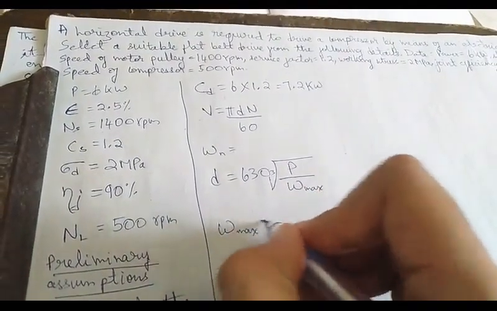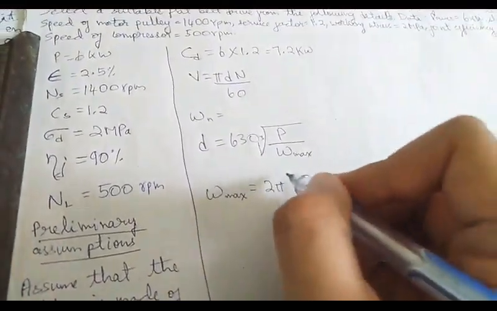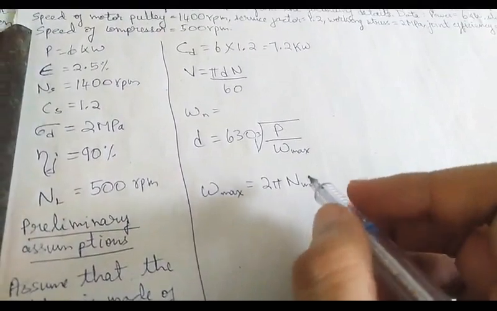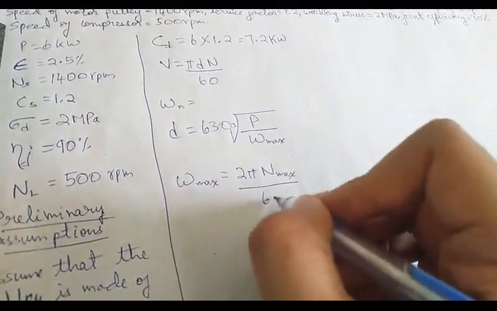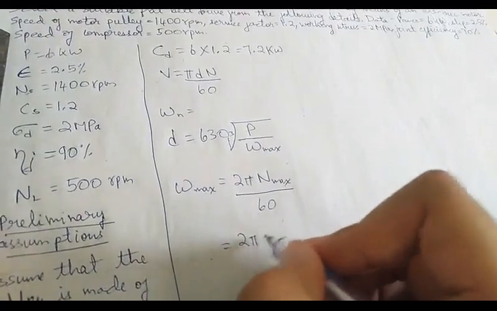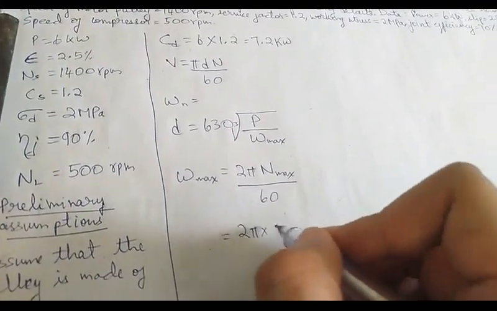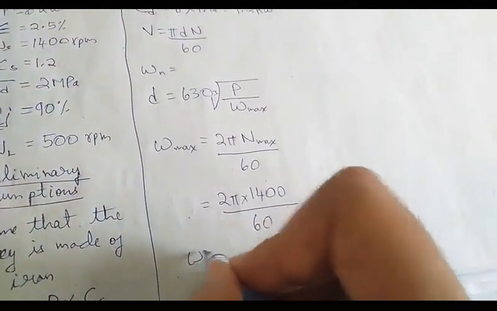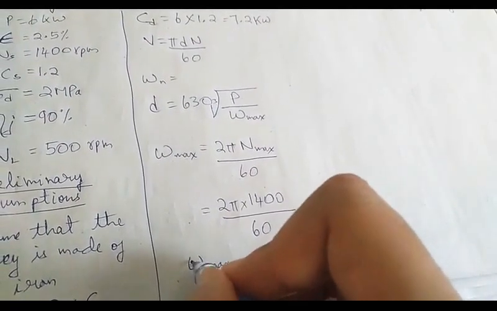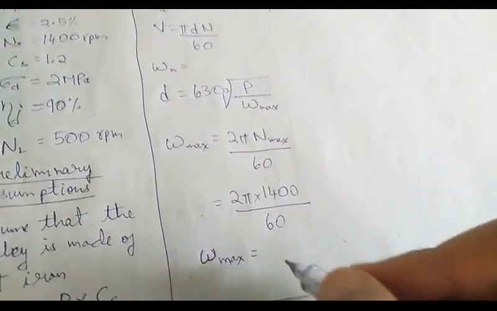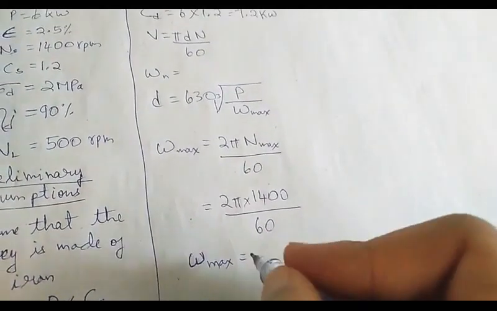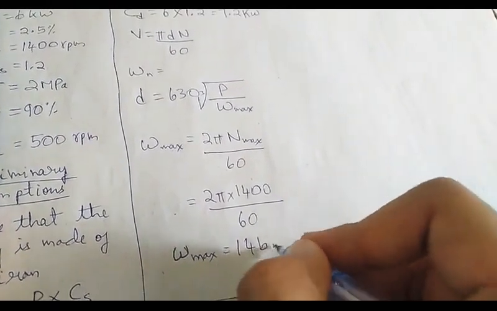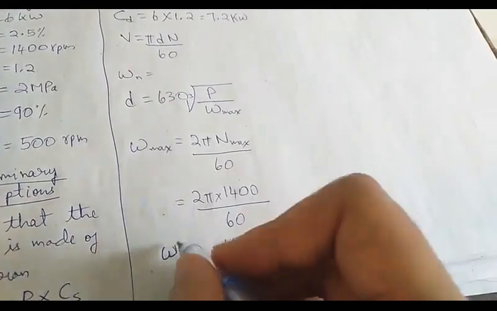Omega max is 2 pi n max by 60, where n max is the smaller pulley speed, 1400, divided by 60. So omega max is equal to 146.61 radians per second.